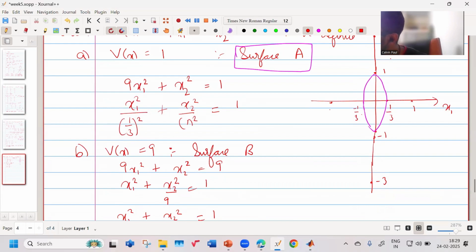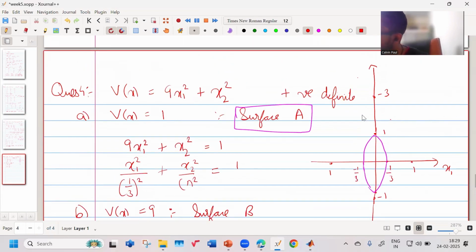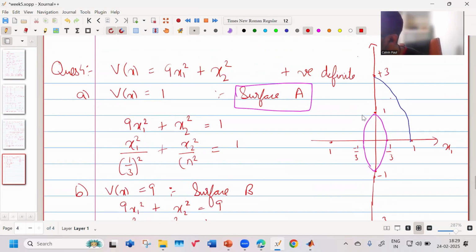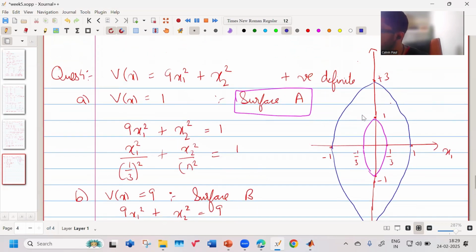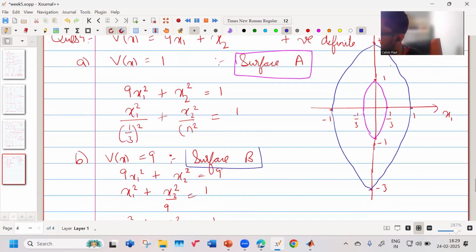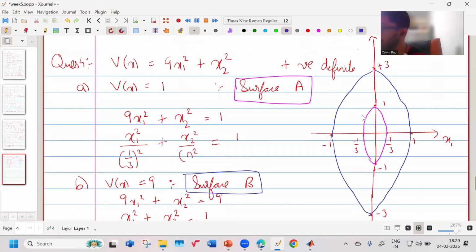This is our x1 1 point. Okay. So now this ellipse, which goes from minus, oh sorry, this will be plus 3. Okay. And this will be minus 1. So this ellipse, which goes like this, and like this.